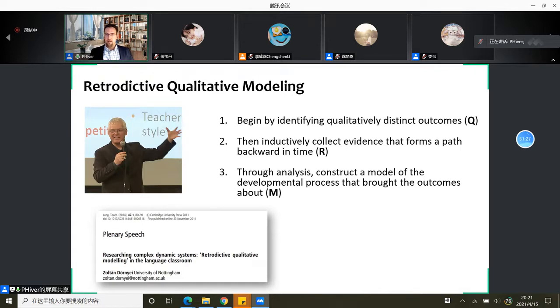That's the R. And finally, step 3, the researcher constructs a model to understand the development that brought about this outcome. So that's the M. And what is this sequence for? What's it useful for? Well, the aim of RQM is to identify some typical and prominent outcomes in an area of action or some topic of interest, and then to explore these outcomes and what makes these outcomes and their development unique.